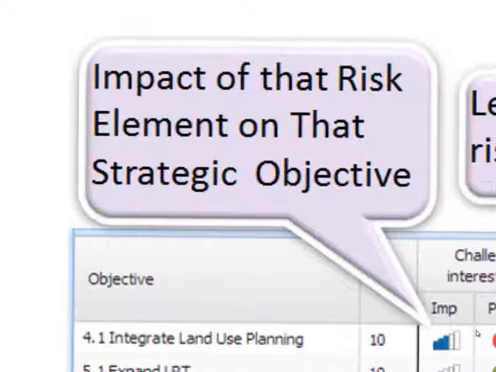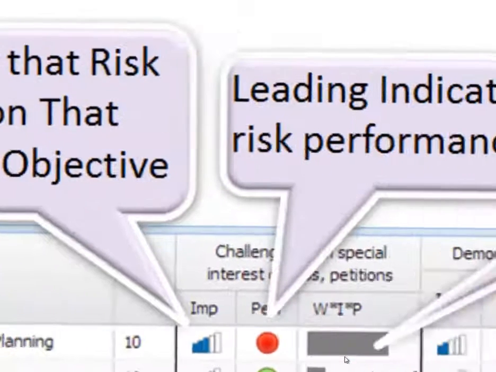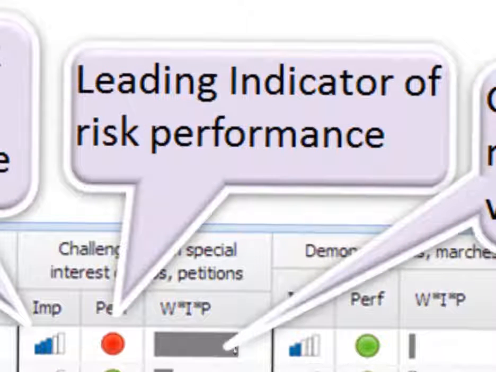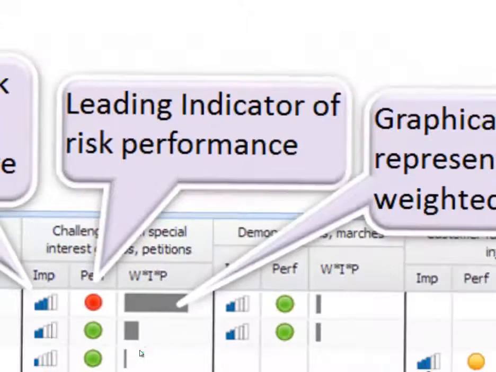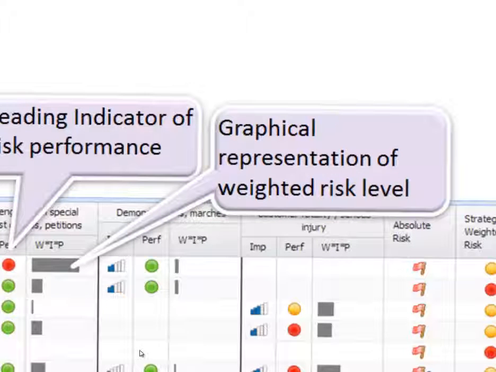First, this signal strength icon represents for us the impact of that risk against that strategic objective. The icon is the leading indicator for whether that risk is occurring. And then finally, we can get a graphical view of that weighted risk level.